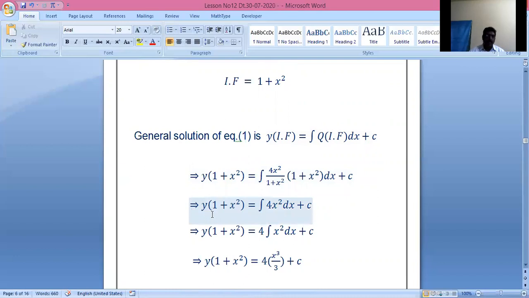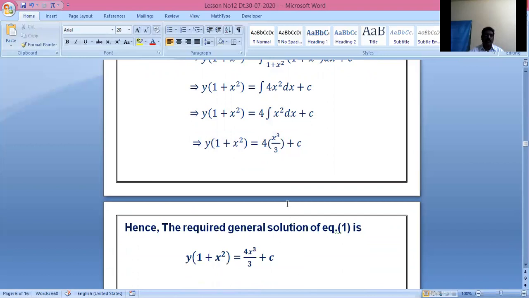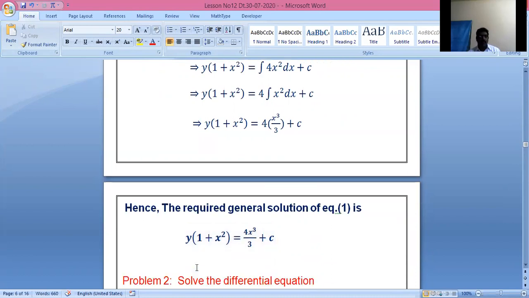That implies y into (1 plus x square) is equal to, here (1 plus x square) gets cancelled, we get integration of 4x square dx plus c. That implies y into (1 plus x square) is equal to 4 into integration of x square dx plus c, which is 4 into x cube by 3 plus c. Hence, the required general solution of equation 1 is y into (1 plus x square) is equal to 4x cube by 3 plus c.